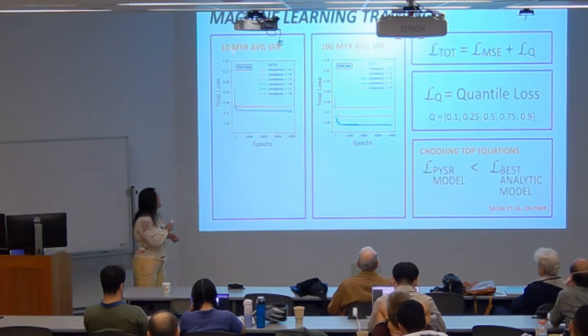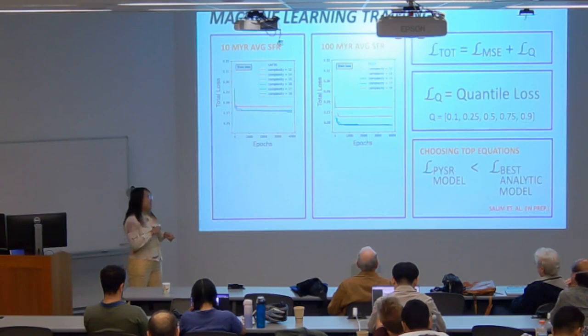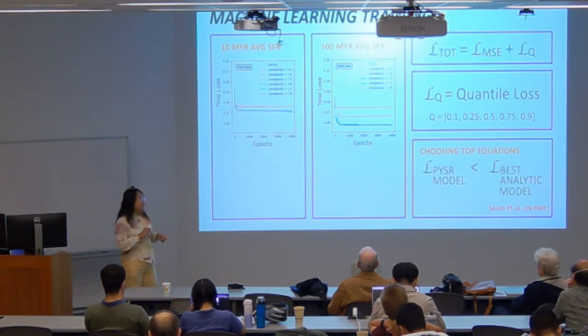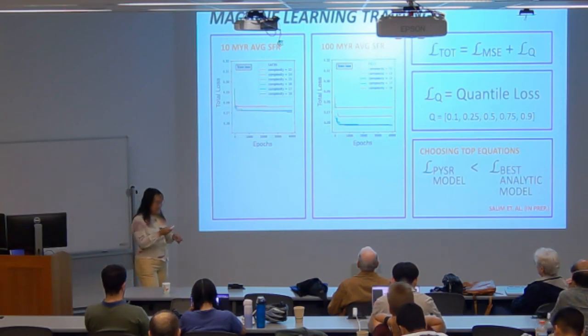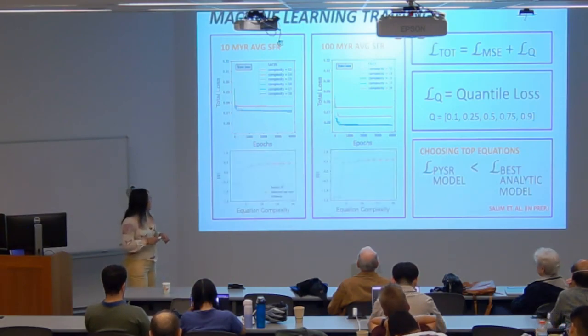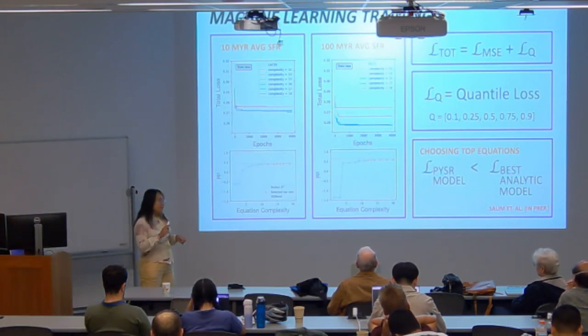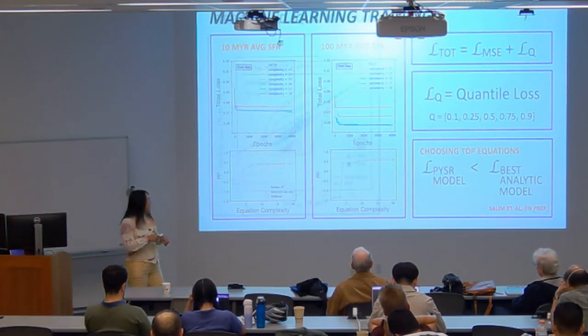For the short time scale, it's the Salim 2020 model, and the long time scale is the Photosugar 13 model. And the R-squared for the found equations converged to the XGBoost R-squared, so that was also encouraging.